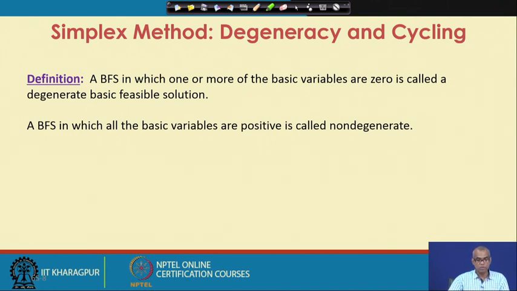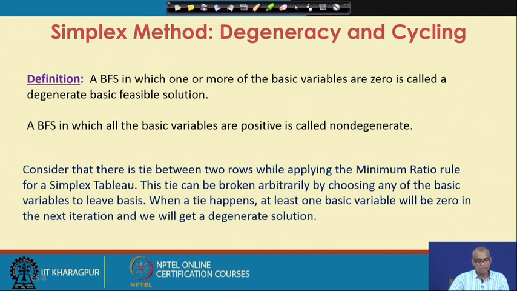A basic feasible solution in which all the basic variables are positive is called non-degenerate. So, in case of a degenerate basic feasible solution, there is at least one basic variable whose value is 0. And in case of non-degenerate solutions, all the basic variables are positive.